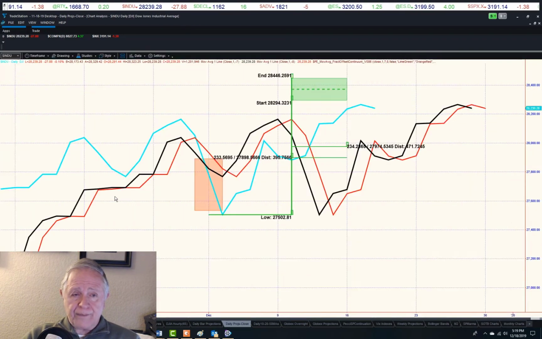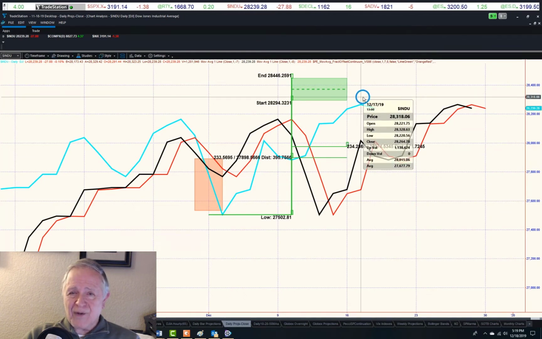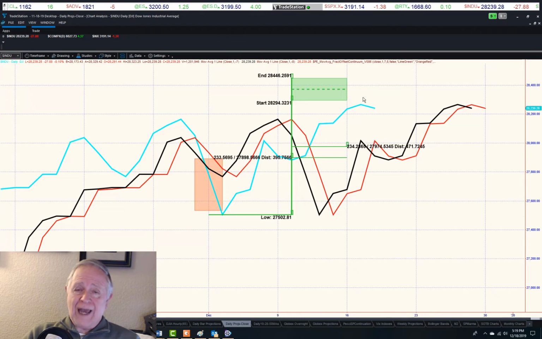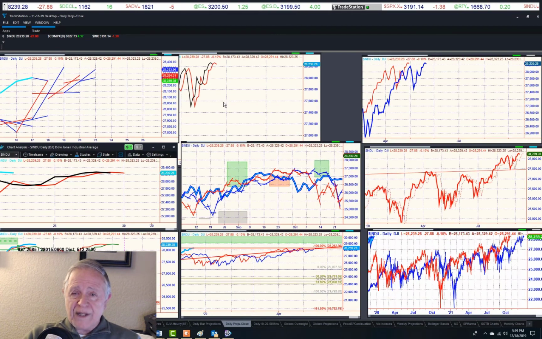The nominal 20-day projection just missed. The lower side of that is 28,294, and the high close was yesterday at 28,264.65 rounded off. So you can see we've said that these projections one by one are being met.